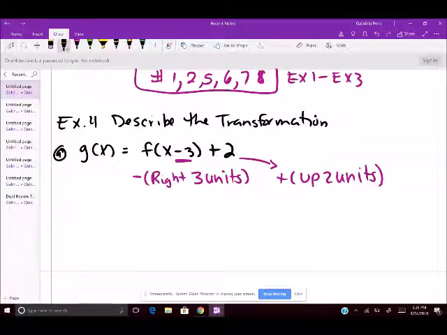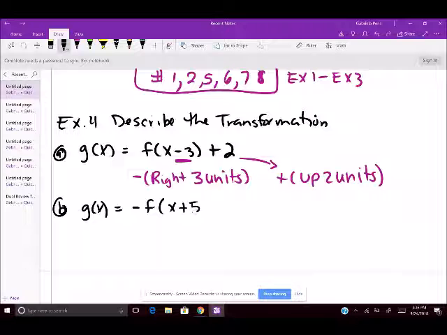So let's look at one more. B, g of x equals negative f of x plus 5, minus 4. So negative f, that means that there is a reflection.